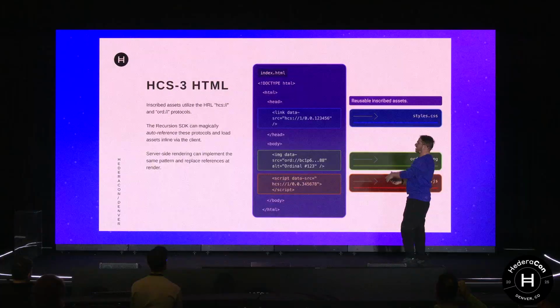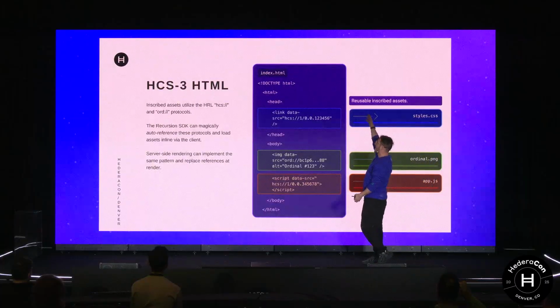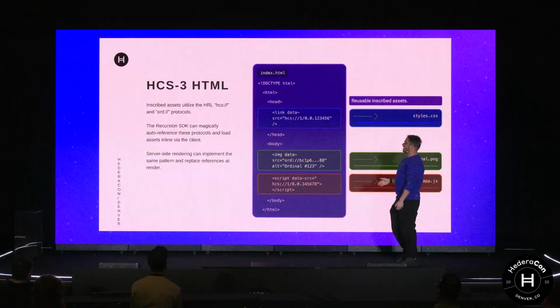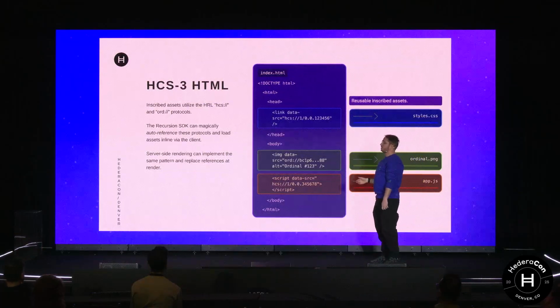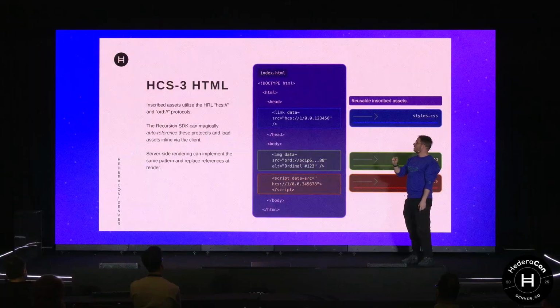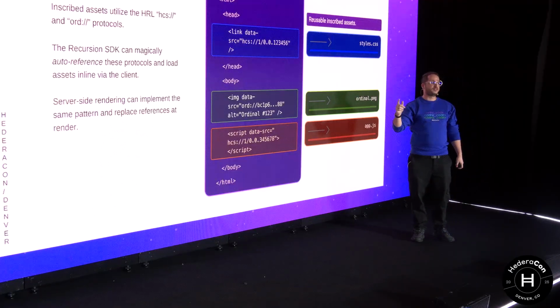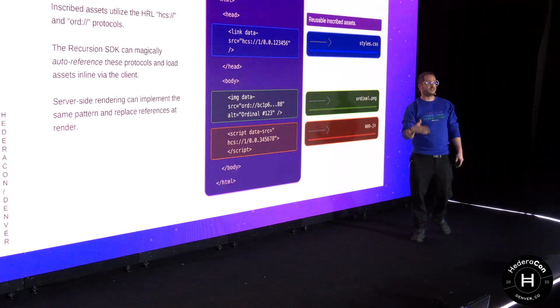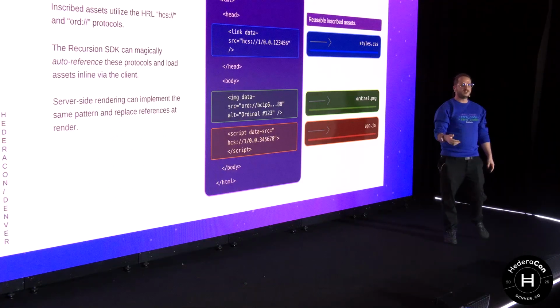So more on the technical side, this is how recursion kind of looks like. The idea is that inscribed assets would utilize either an HRL, which is HCS://, or in the future, ORD protocols, ORD://. That's the syntax that Ordinals utilizes.